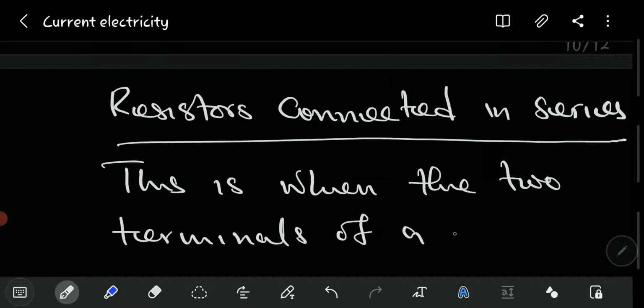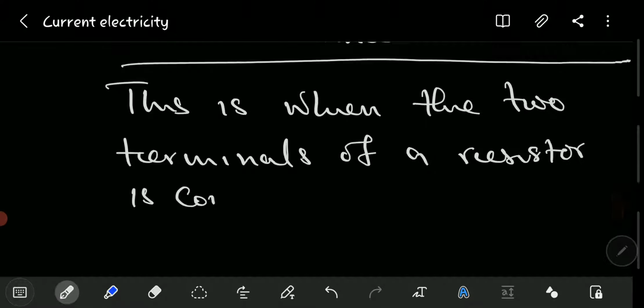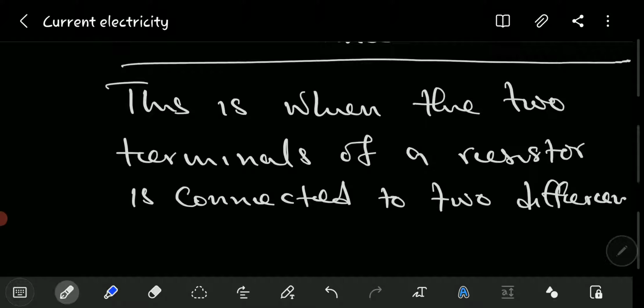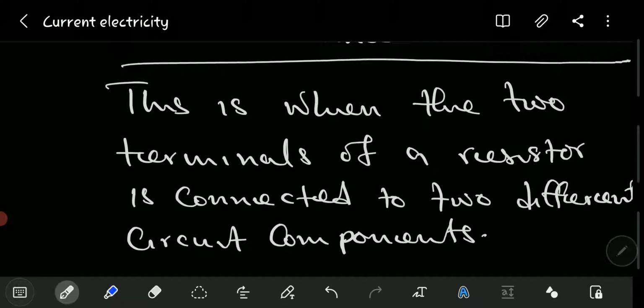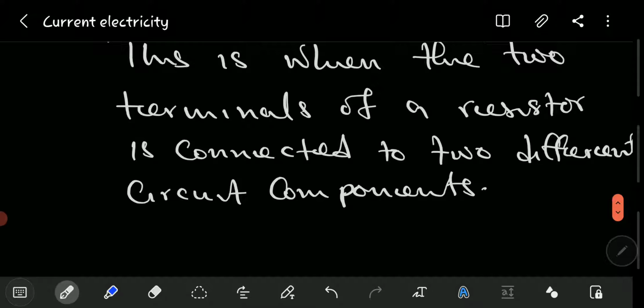So this is when the 2 terminals of a resistor are connected to 2 different circuit components.